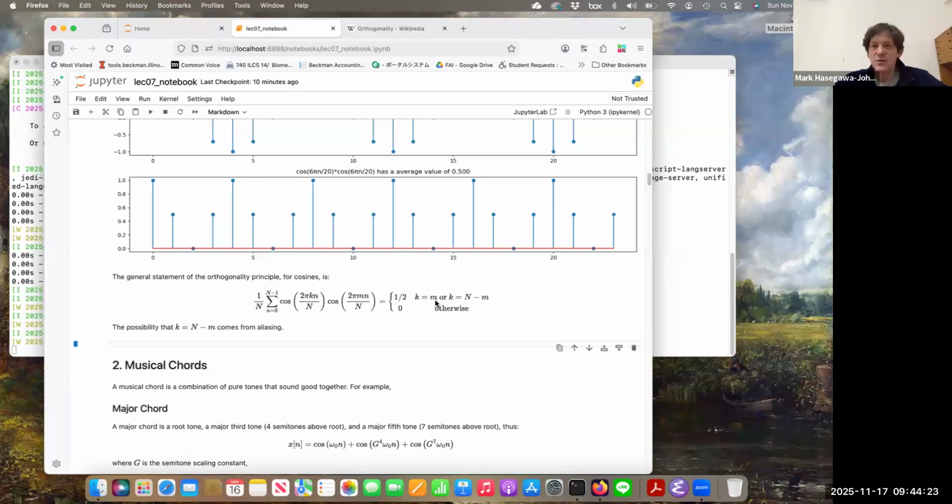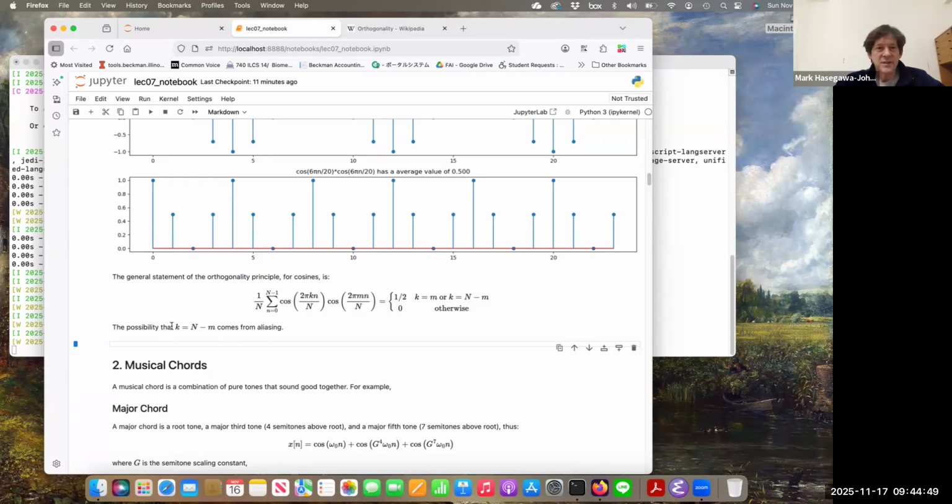That average is equal to 1/2 if the two cosines are the same, and it's equal to 0 otherwise. Notice there's a special case. It's equal to 1/2 if the two cosines are the same, or if one of the two cosines is capital N minus the other cosine. So if k is equal to 3 and little m is 24 minus 3, then that would also give me a frequency of 1/2. That's because of aliasing.